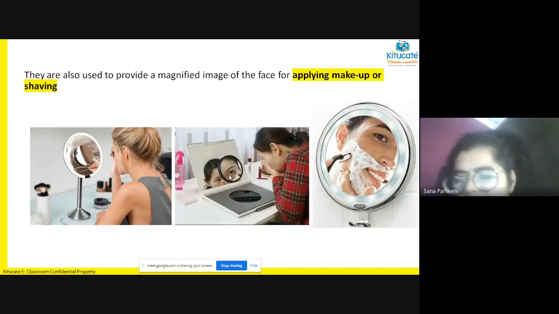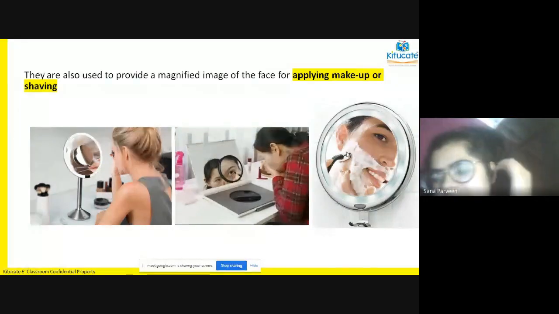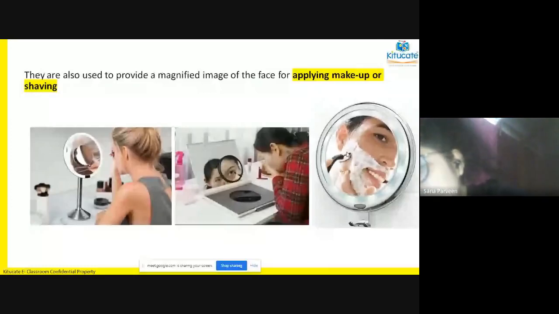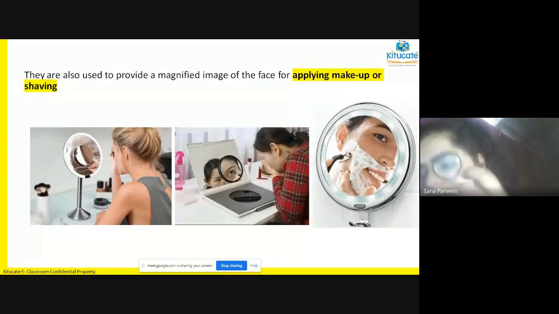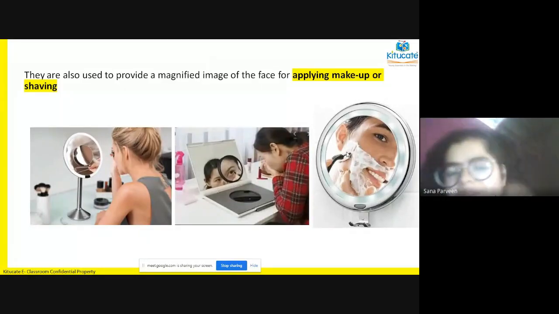Then again in shaving, when people are shaving their faces, the face should be seen large enough so as to properly remove the hair, and so that no cut is made on the face. So you have to be very careful.